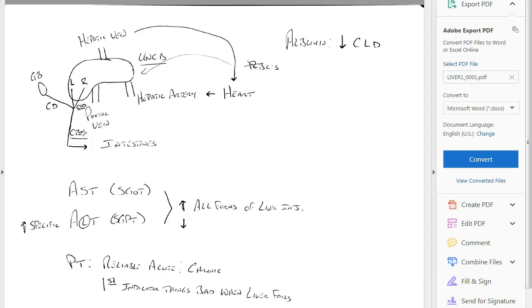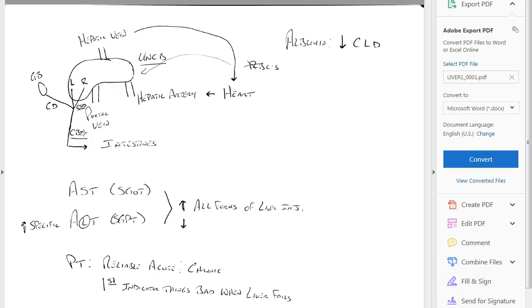GGT. All right. So your GGT, if you have an elevated Alk-Phos, and you check a GGT, if the GGT is elevated, that means that it is coming from the liver. End of story. Slam dunk. Open shut case. Pretty simple.